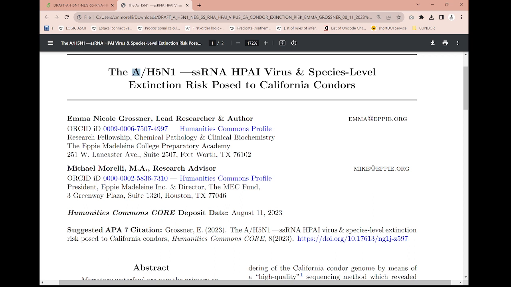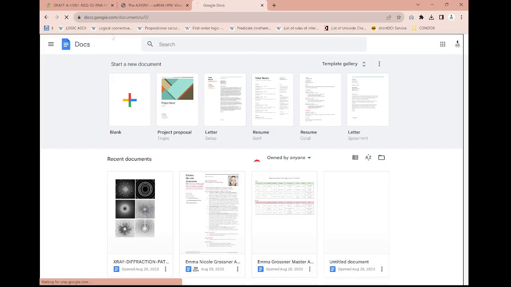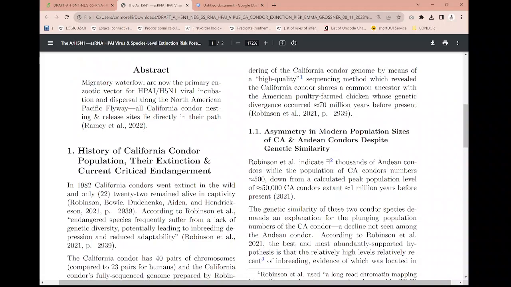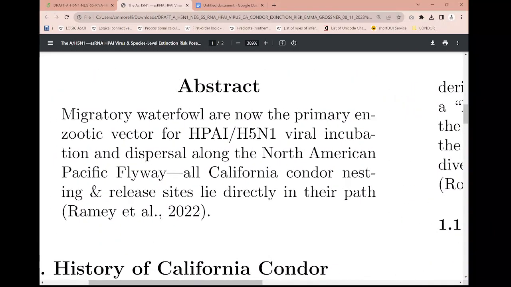So alpha influenza, and then H5 hemagglutinin 5 neuraminidase 1, negative sense single strand ribonucleic acid, highly pathogenic avian influenza. And then, the way this is normally written, Emma, I'll show you in the paper. So let's go back to the paper and scroll down. I'll probably start a new video here.